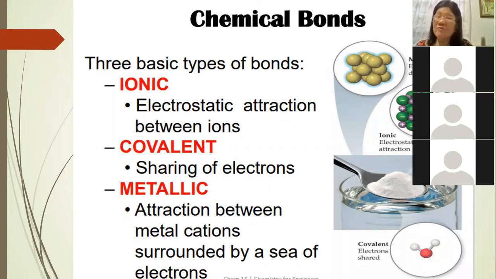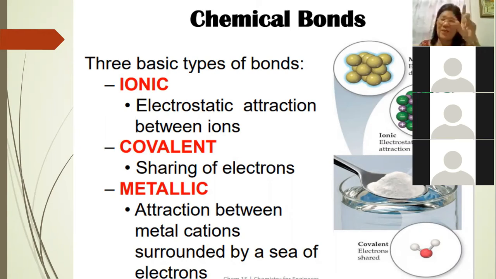So covalent is the sharing of electrons. How is it being shared? Of course, for instance, carbon has 4 electrons. With 4 chlorines, each chlorine has 7 electrons, but 1 electron from the carbon will be shared to make it 8.